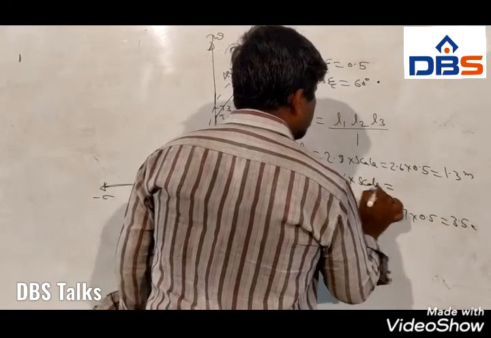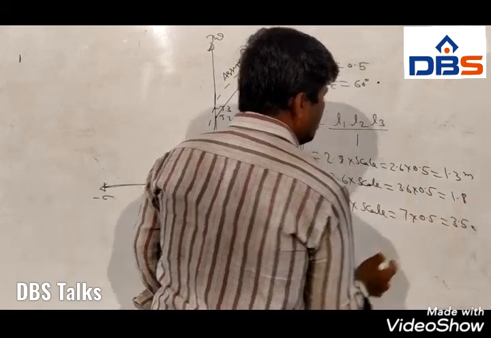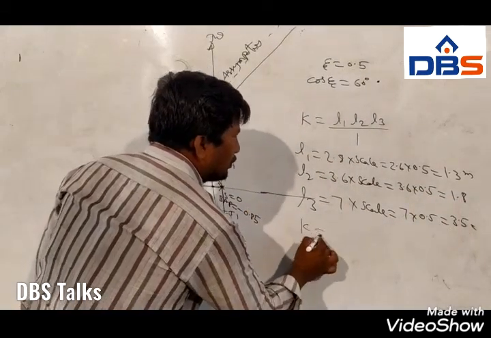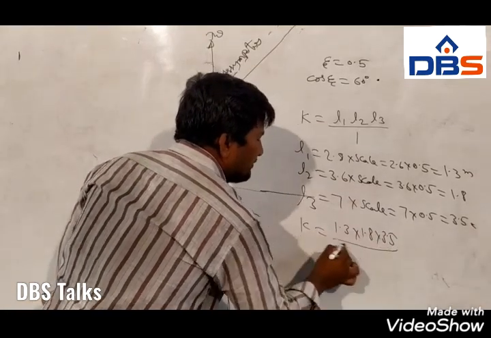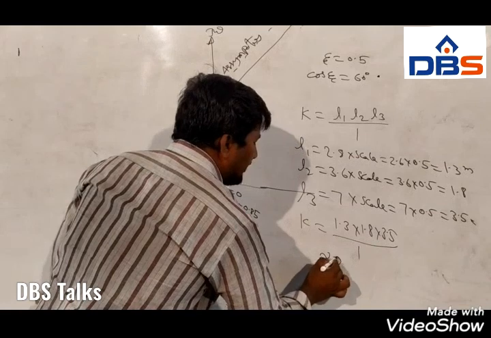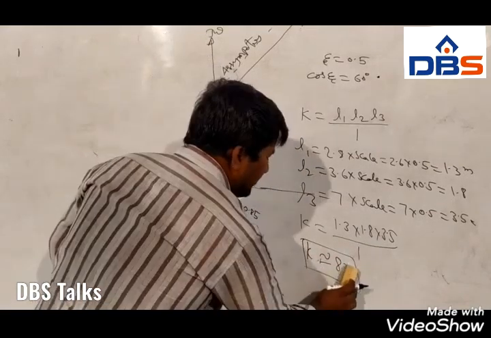And 3.6 into 0.5 is 1.8. Now calculating the K value, K is equal to 1.4 into 1.3 into 1.8 into 3.5 divided by 1, approximately equal to 8. K equal to 8.